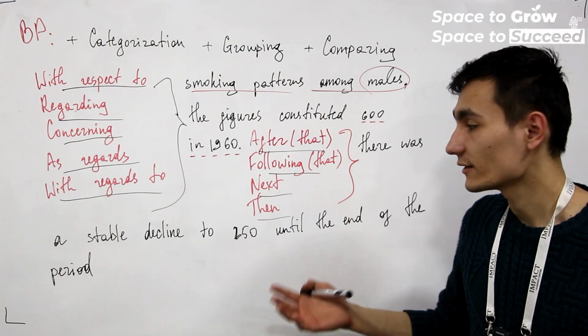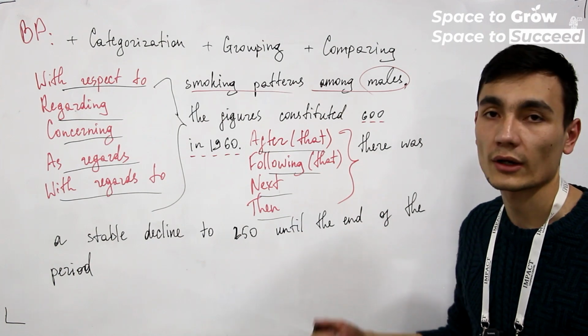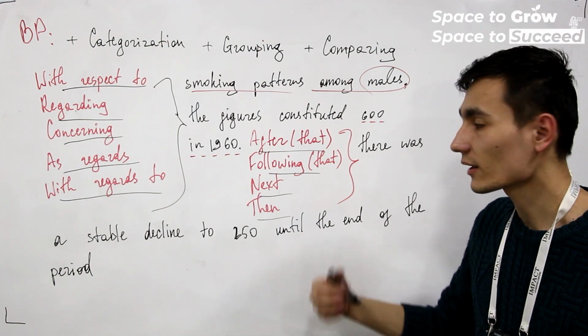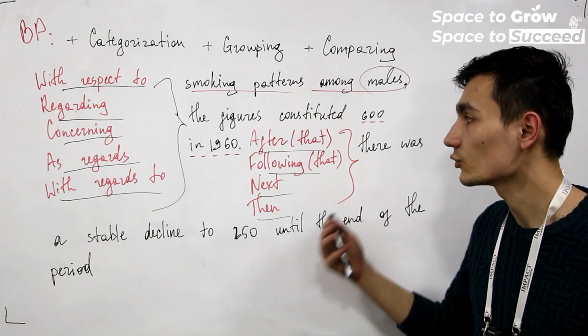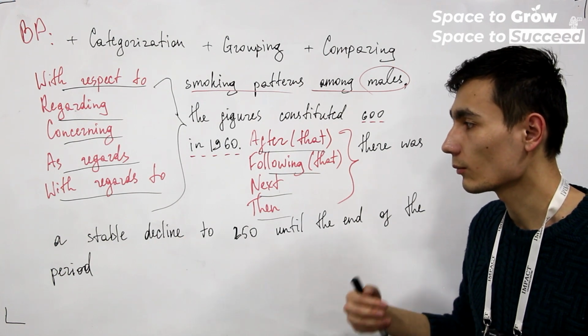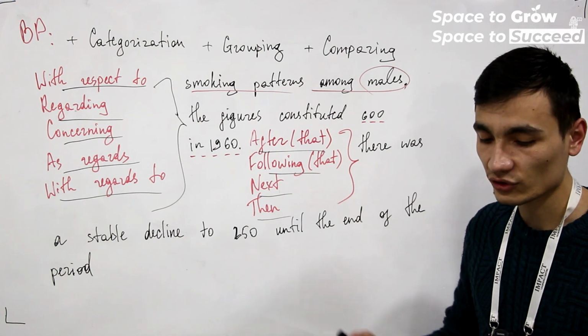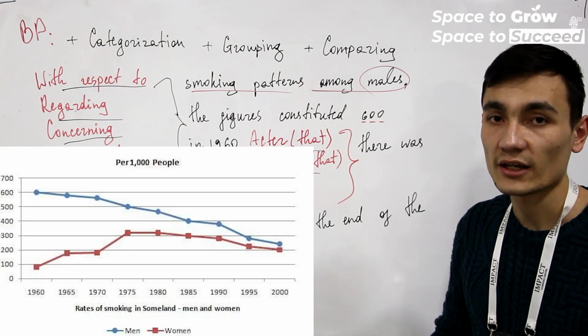As I said, we have to give details and information to get a higher score, because now it's very information poor. To make it richer, we have to give extra information, and by extra information we get a higher task achievement score.